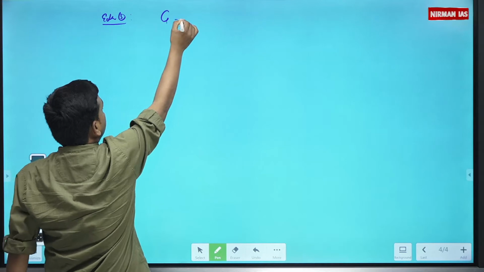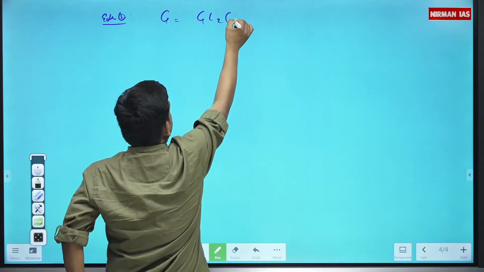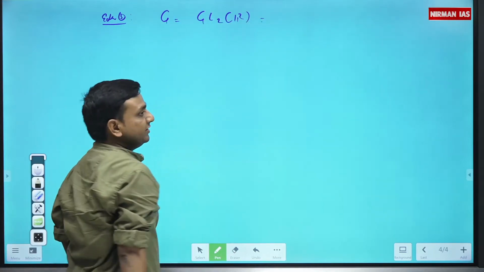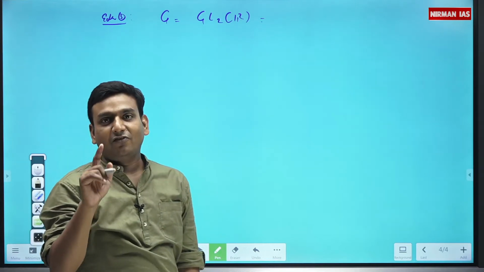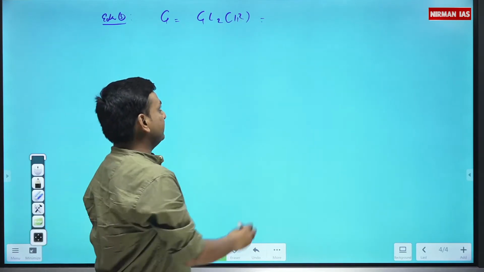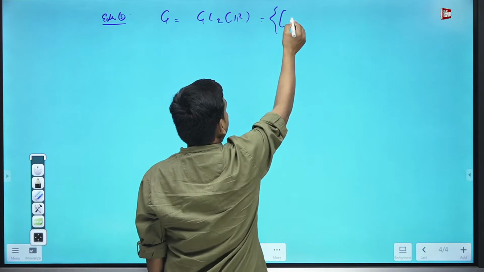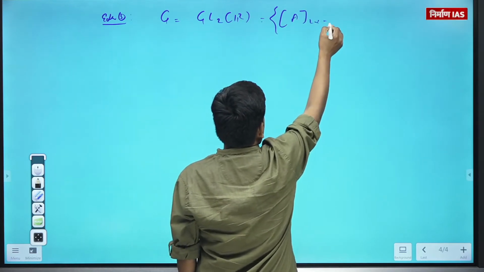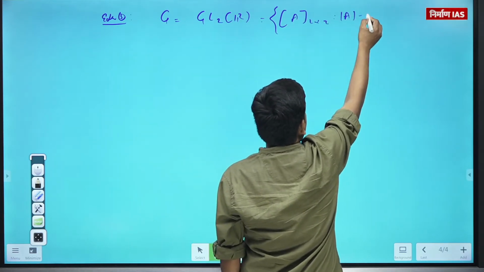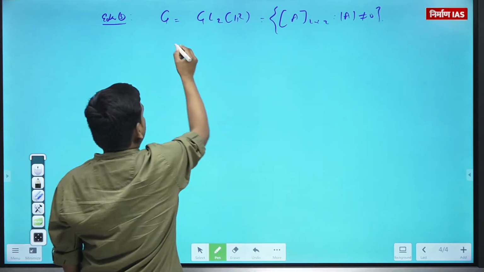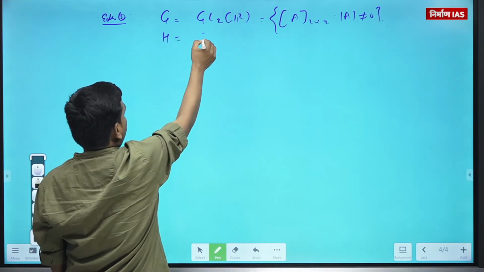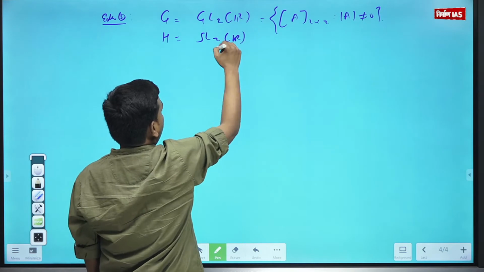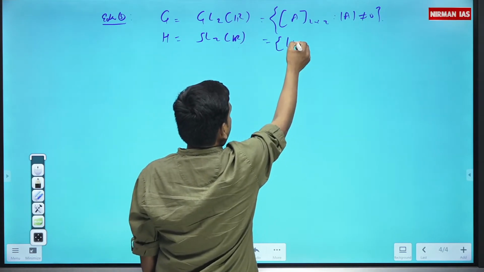Let's take G as GL2(R). What is it, dear? The collection of all 2x2 real matrices with non-zero determinant. Right? Let's take SL2(R), which is a subgroup of G, and that is what, dear?